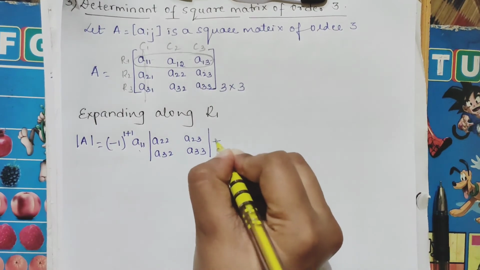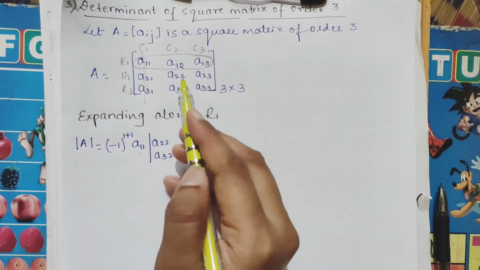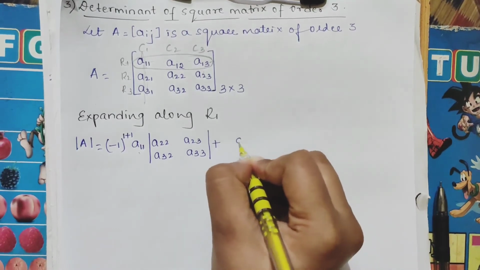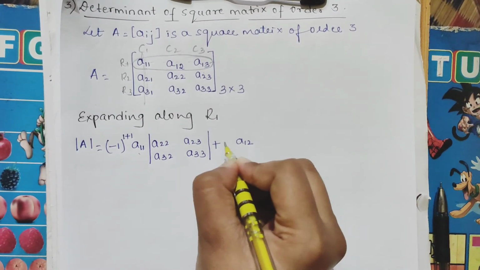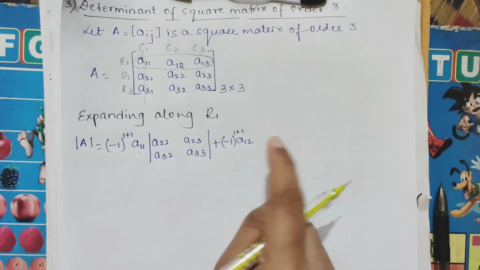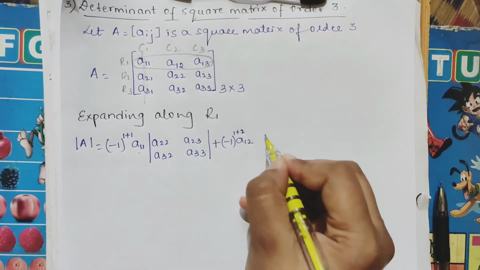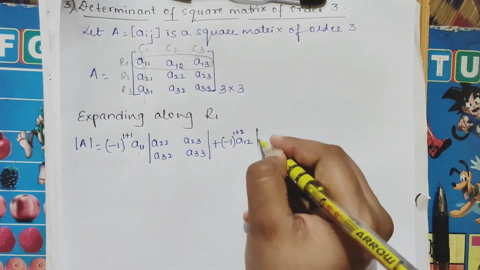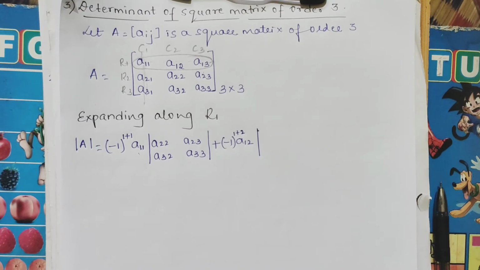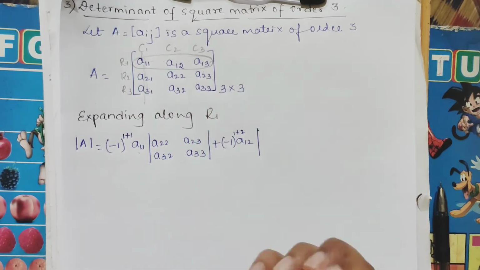Then next, plus. The next element is A12, so write A12. Before this, minus 1 raised to what? 1 plus 2. Now 1 plus 2: the row is 1, so that gets deleted.